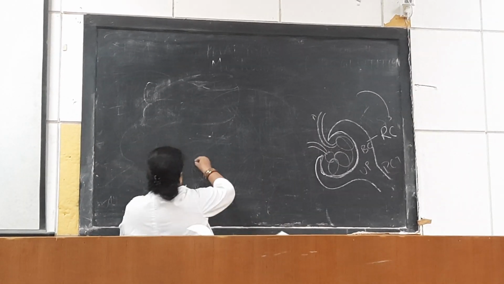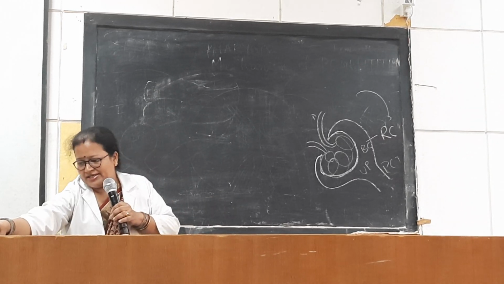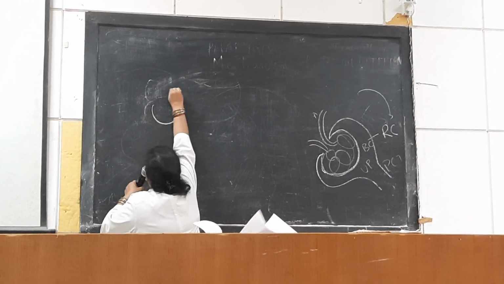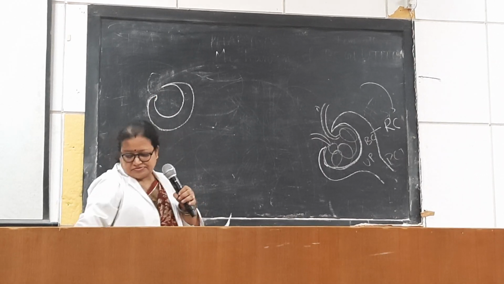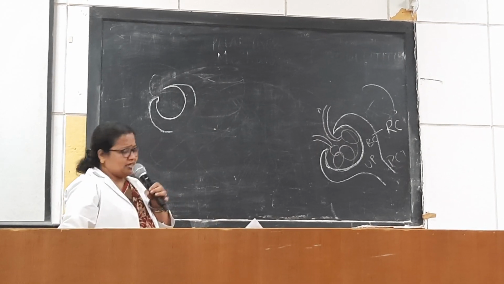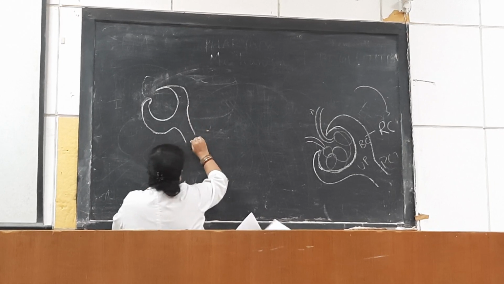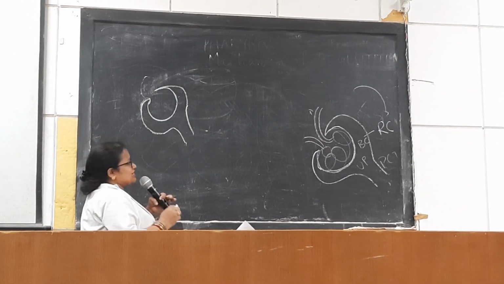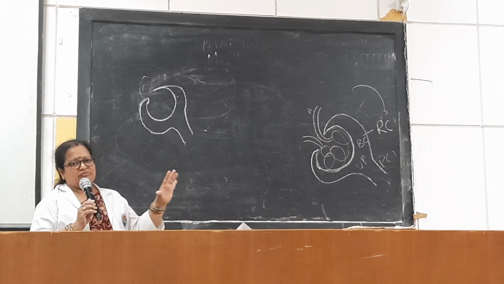Then this renal corpuscle is continued by the proximal convoluted tubule. We mostly find this proximal convoluted tubule towards the cortical region, and it is lined by simple cuboidal epithelium with brush border.